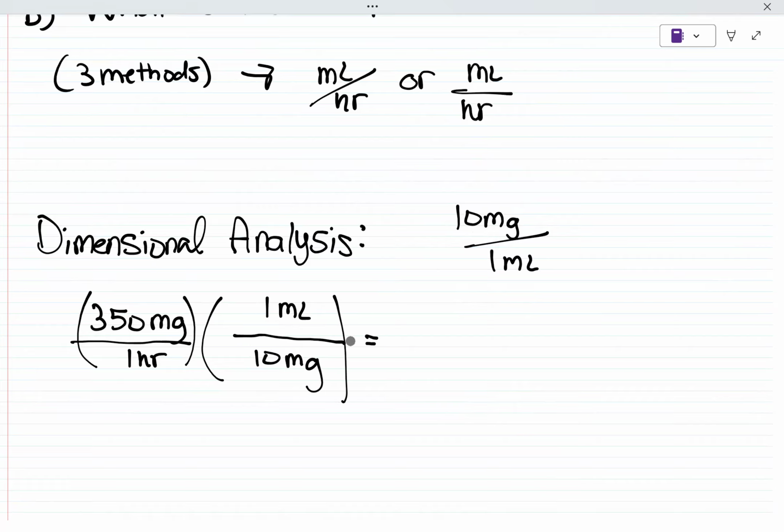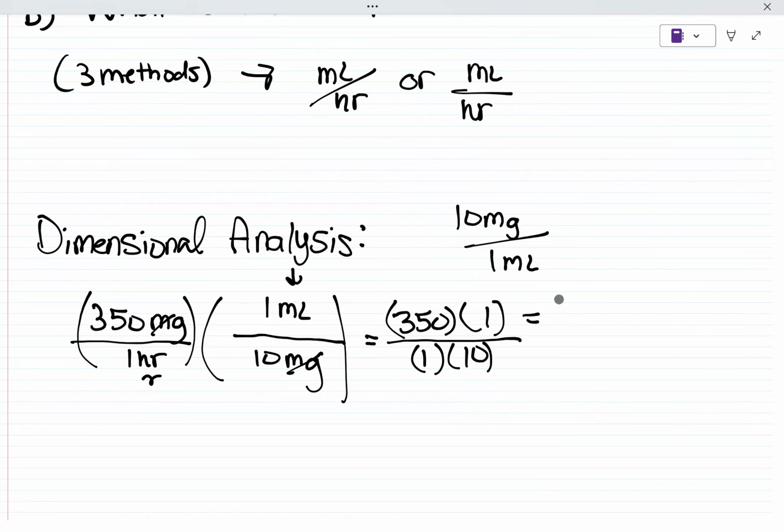Our final answer will definitely be in milliliters per hour, right? So as you can see, the mg disappears, and then you're left with mL on the top and hours on the bottom. So go ahead and multiply across: 350 times 1 over 1 times 10.